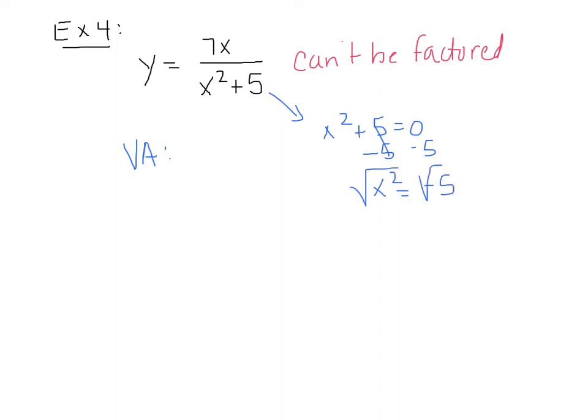Well, when you take the square root of a negative, you're going to get an imaginary solution. Therefore, we have no vertical asymptote. Okay? And then the holes are found by anything that canceled, and there was nothing that canceled, so again, we have no holes either.